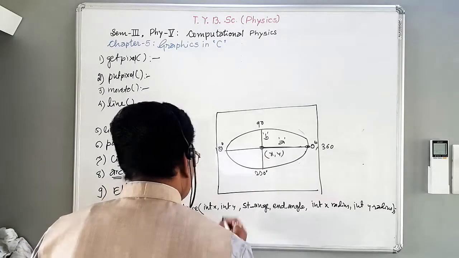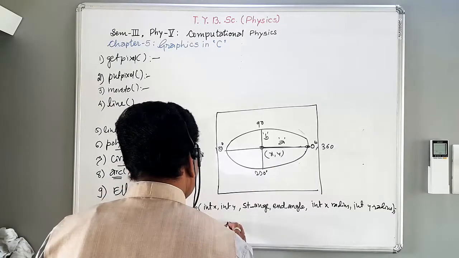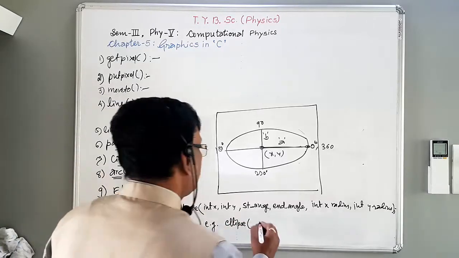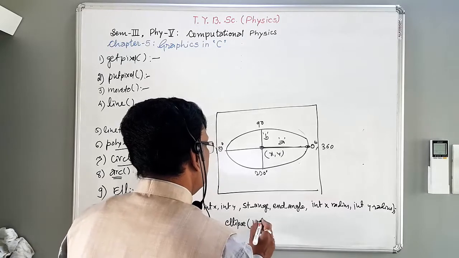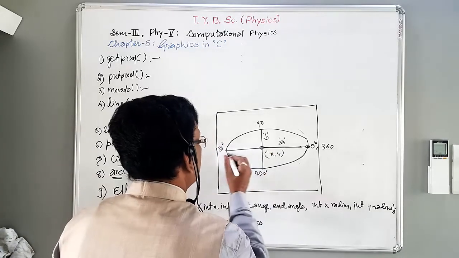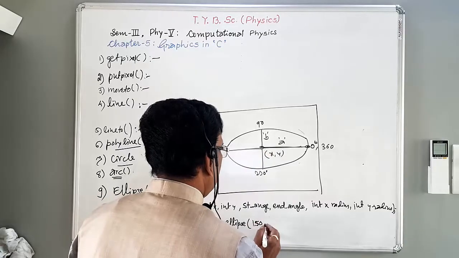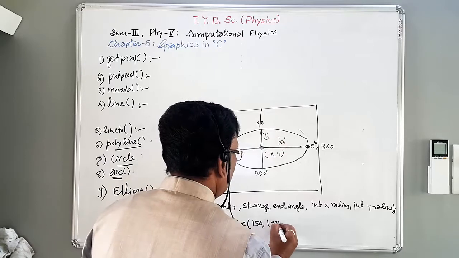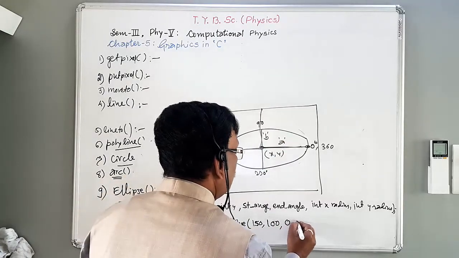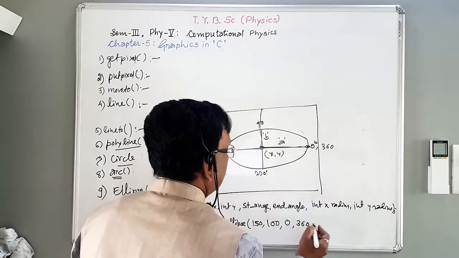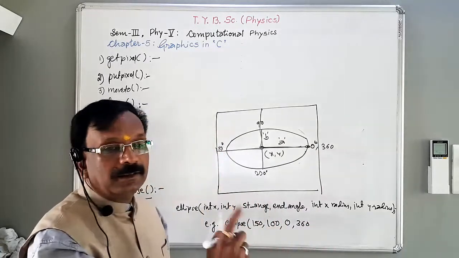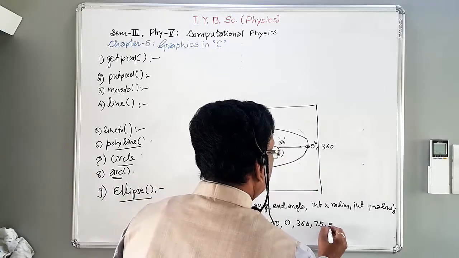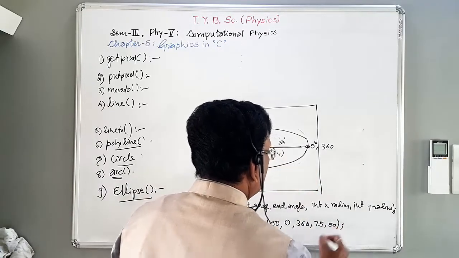Now, if we consider an example, ellipse is the keyword, and here 150 is the x coordinate, then 100 is the y coordinate, starting angle is 0 and ending angle is 360, and 75 is the semi-major radius and 50 is the semi-minor radius.